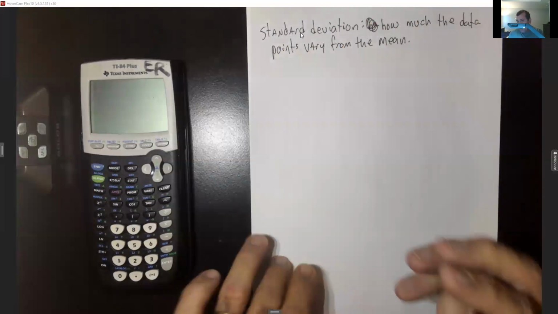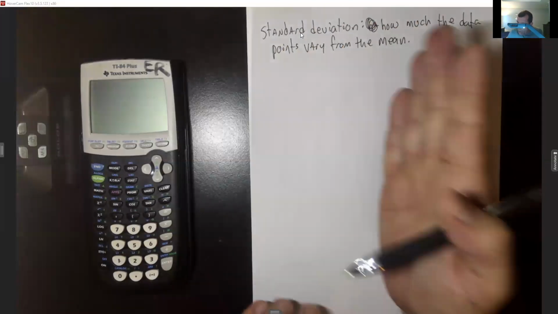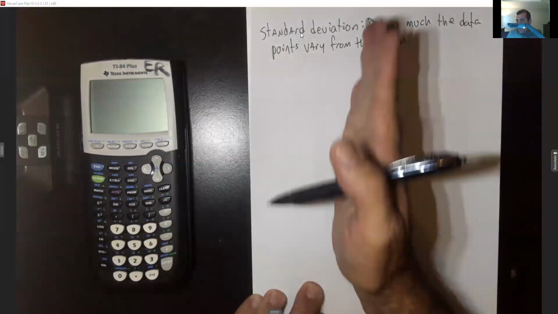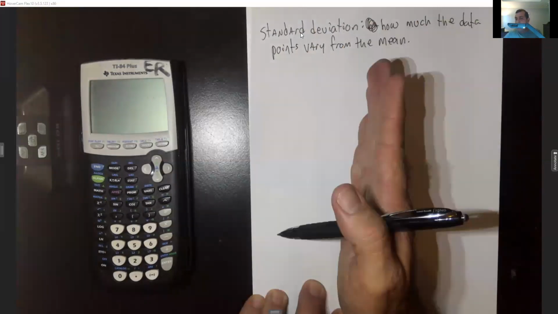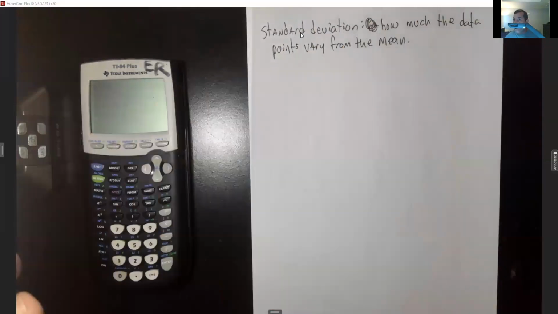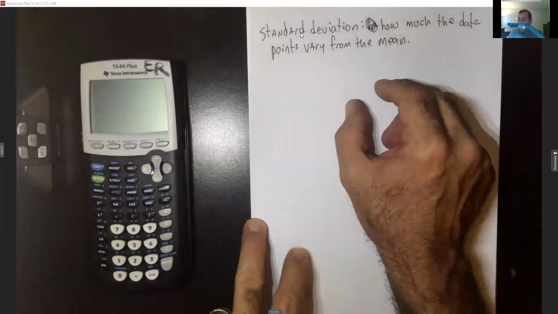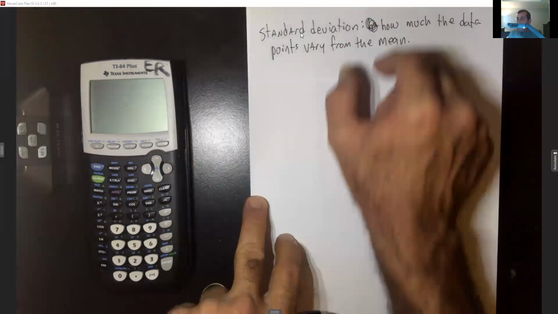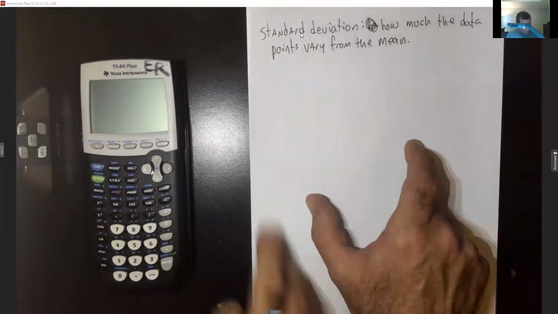Right, so what's happening to my data points? Are they all close to the mean, or do I have data points spread out real far about my mean? So this standard deviation tells us on average how far from the mean our data points are, okay?